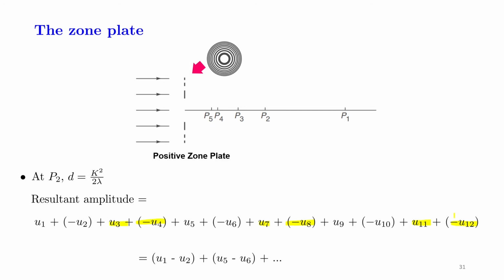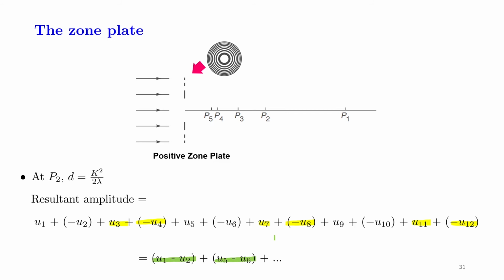Therefore, the resultant amplitude will consist only of u1, u2, u5, and u6, etc. Note that the first term is u1 minus u2 and the second term is u5 minus u6. Obviously, the point P2 will correspond to a minimum.